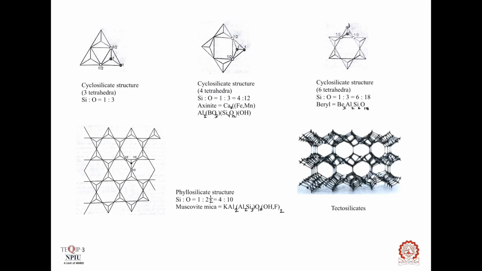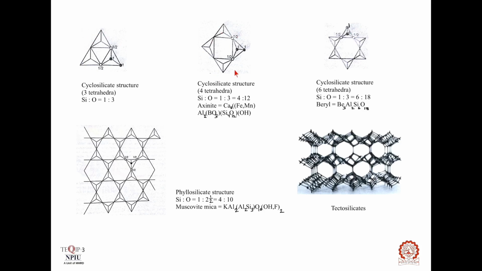Next is the cyclosilicate structure. These are also called ring silicates because in this group of minerals, 3 or 4 or 6 silicate tetrahedra occur in ring form. Look here. Here 3 silicate tetrahedra occur in a ring form.